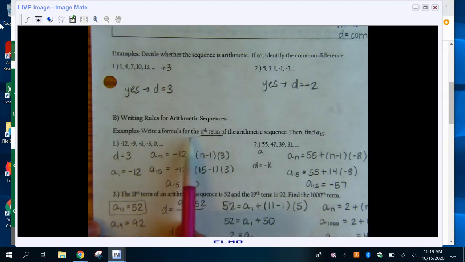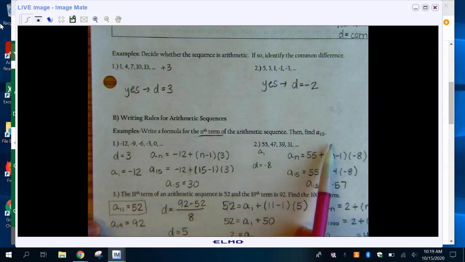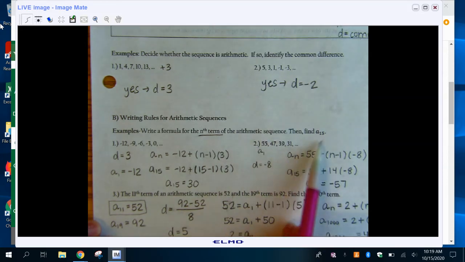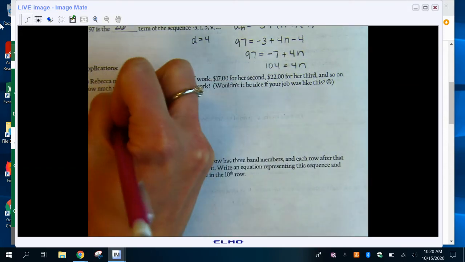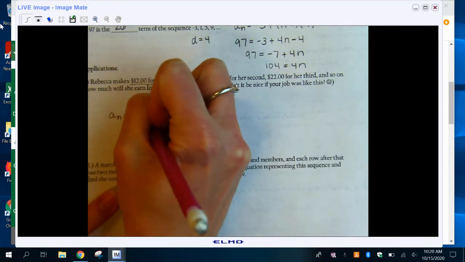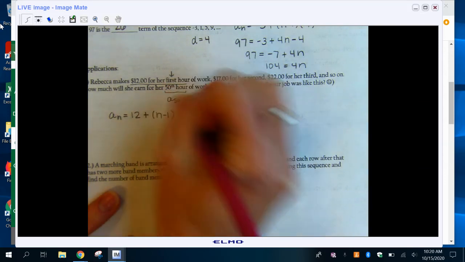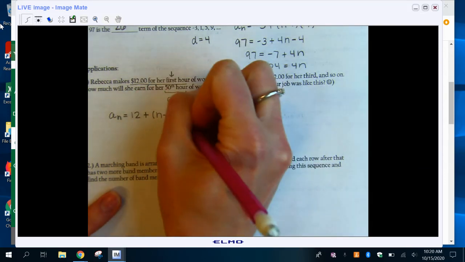All right, so I see the key word first, and then 50th hour would mean a sub 50. So this is going to be like these equations right here. We're going to write our formula and use it to find the 50th term. So I first need that equation, and luckily I've got everything I need. The formula for the nth term, my first term is 12, and then my common difference is 5.